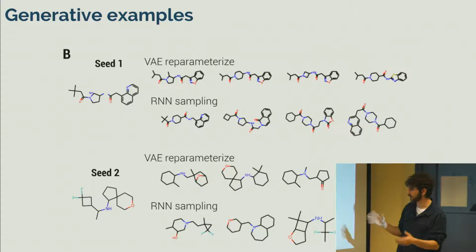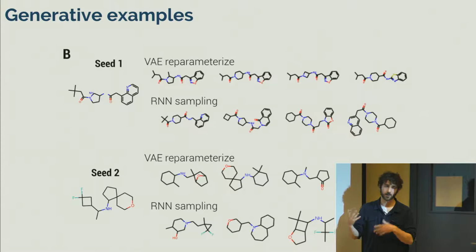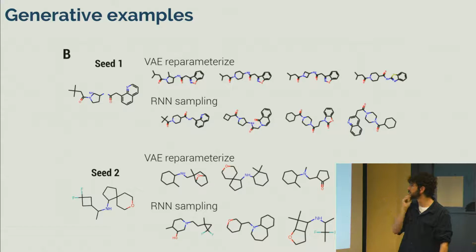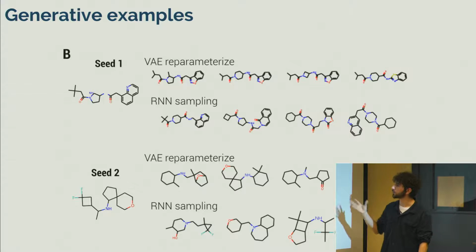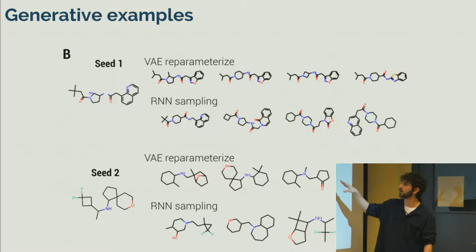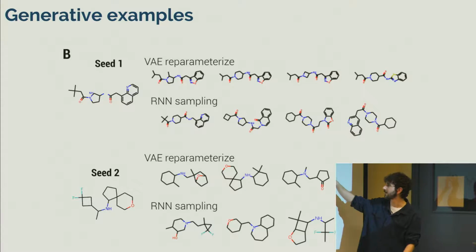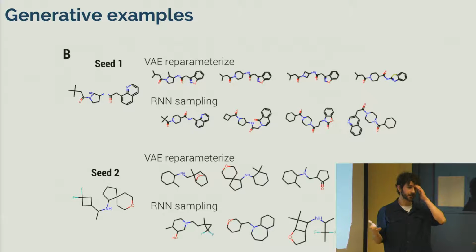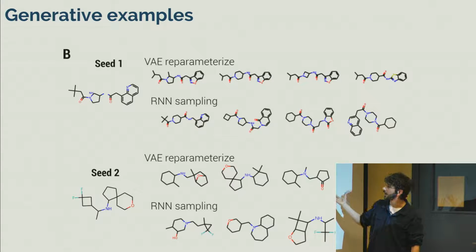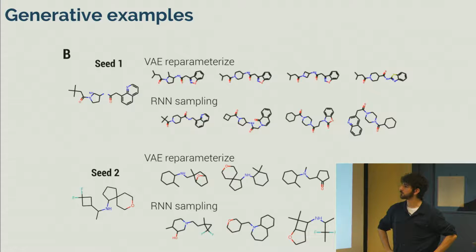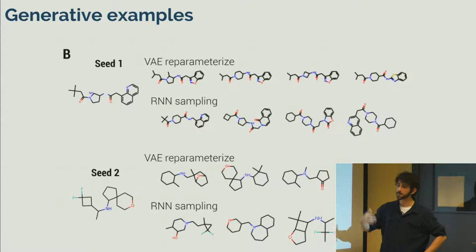But it's harder to evaluate how good it is. The most you can say is that they look logical from a chemical point of view, and that's the most we can say here.